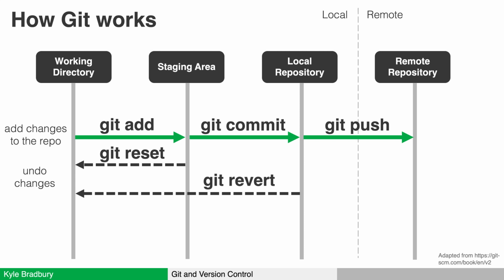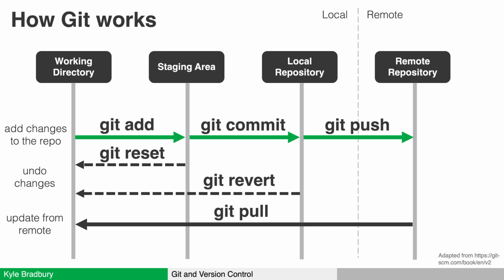Now we go ahead and do that with the git pull command. We update from the remote repository, we update our existing working directory and incorporate those changes into the history through another process that is called git merge. But the pull command will pull down the latest stuff from the remote repository.